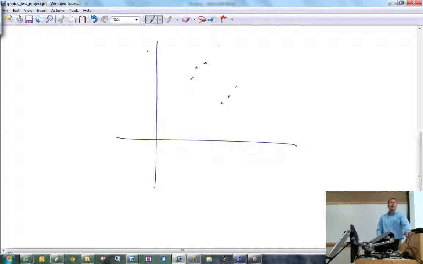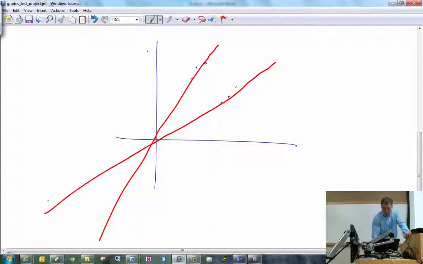Now, if I do a rotation of my x and y axes, I'm not going to quite be able to get the x and y axes to go through all those points. So what an oblique rotation does is this. Consider a rotation that changes your x and y axes so they're no longer orthogonal. That's what an oblique rotation does.